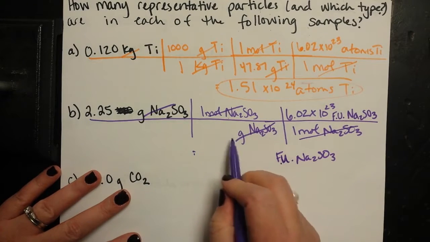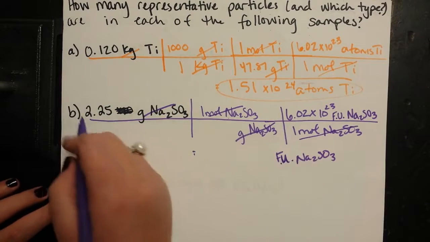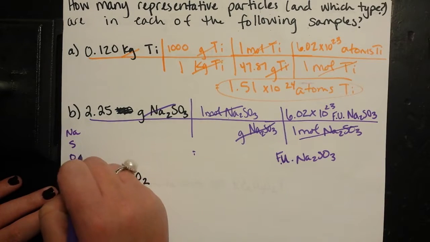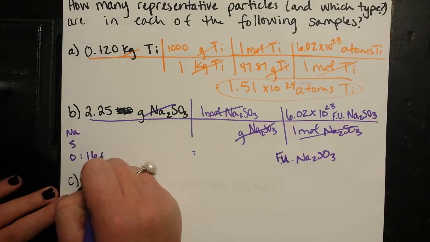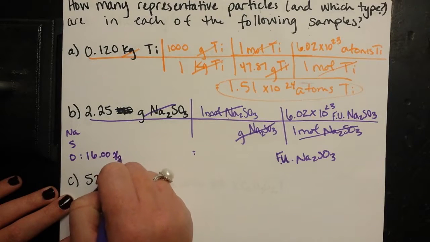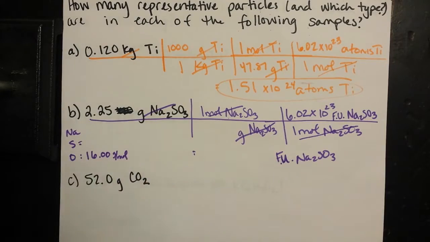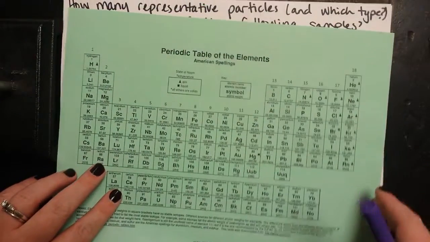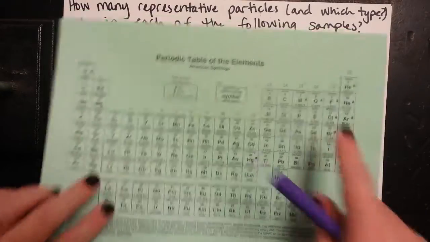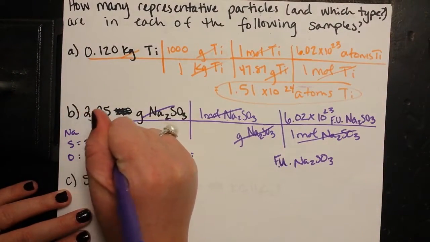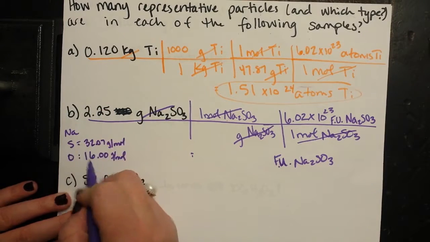Before we can do any math, we still need to calculate that molar mass. I've got sodium, sulfur, and oxygen. Oxygen has a mass of 16 grams per mole. Sulfur has a mass of 32.07.